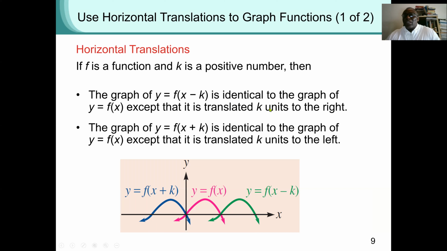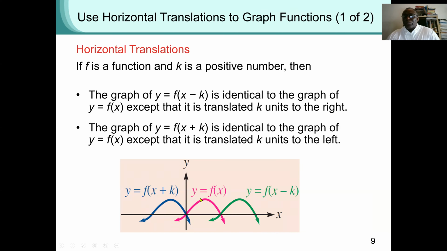So this is identical to the graph of f at x, except that it's going to translate k units to the right. If it's minus, it will go to the right. And if it's positive, it will go to the left. So if we are graphing y equal to f at x plus k, then it's going to translate k units to the left.